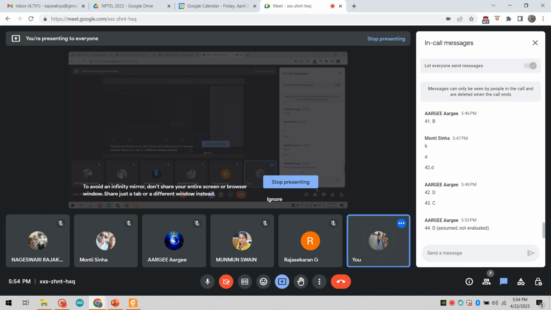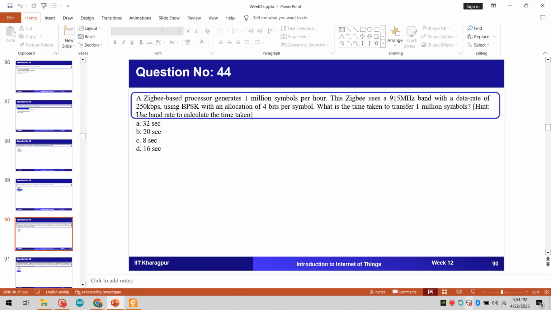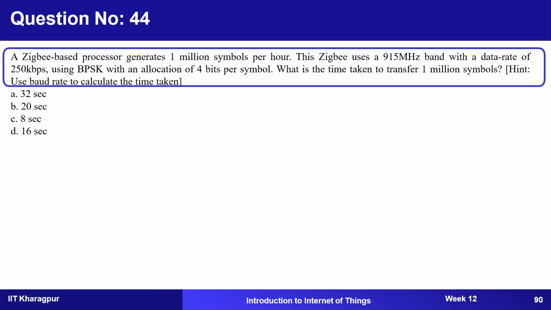D, assumed, not evaluated. And why have you assumed that it should be 16 only? Really very sorry. I just picked something at random. Okay, actually this is correct, but probably a lucky day.